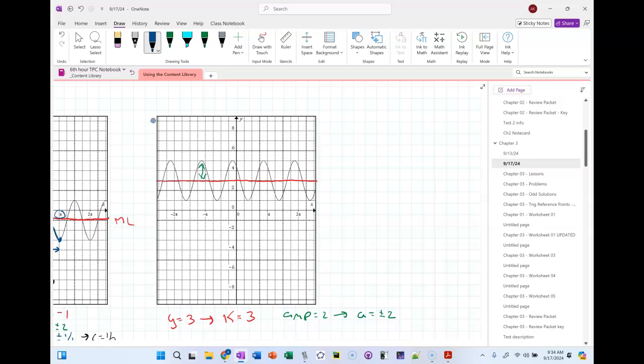I think it's going to be clearer if I go from max to max. I feel much better about understanding where my cycle starts and ends if I go from max to max or min to min or midline to midline, rather than starting at x equals 0 where I don't really know where that is on the graph. It's not one of those key distinguishable points. Do you guys see what I'm saying there?